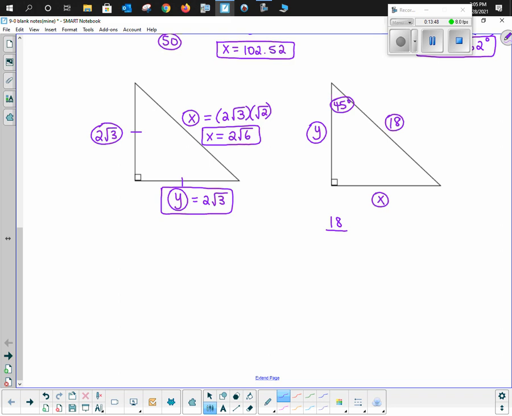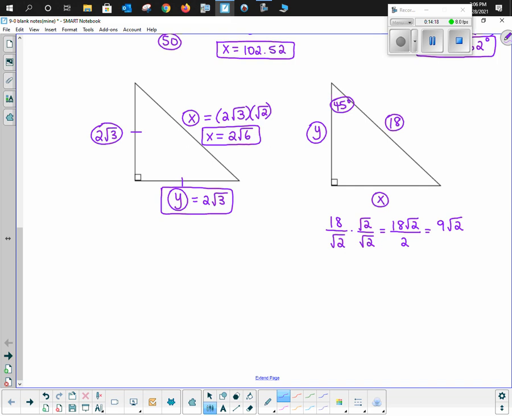dividing by √2. Okay, you either need to know how to do your shortcut, which we'll talk about in a minute, or you got to rationalize. Remember, you can't leave roots in a denominator. You rationalize by multiplying by that same number on the top and the bottom, because that's the same as multiplying by 1. You can't change the problem. Multiplying straight across, we would get 18√2 over 2. And 18 over 2 reduces to 9, and you still have the √2.